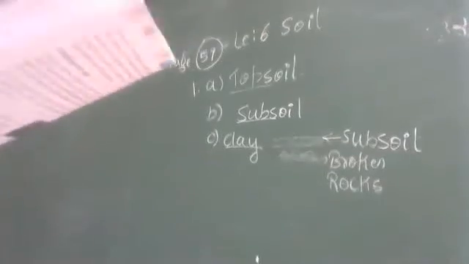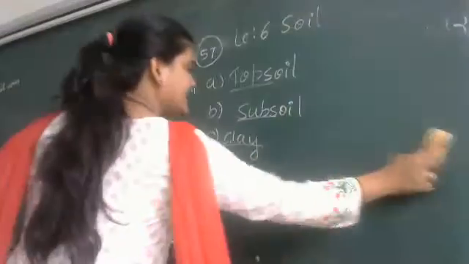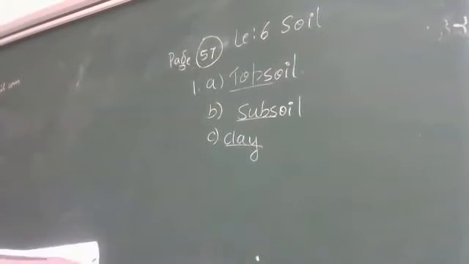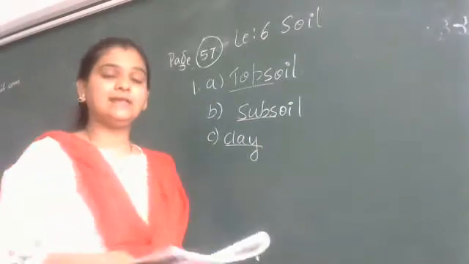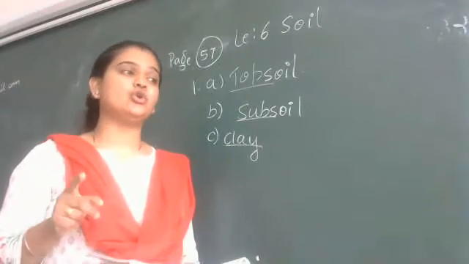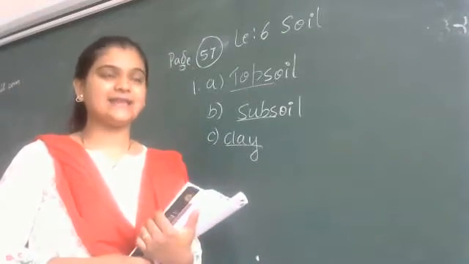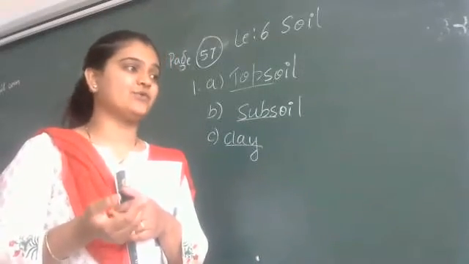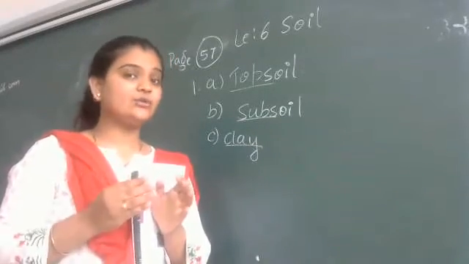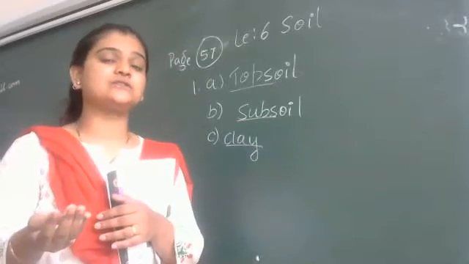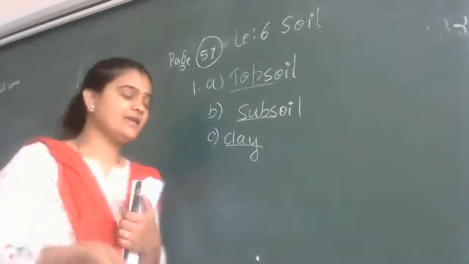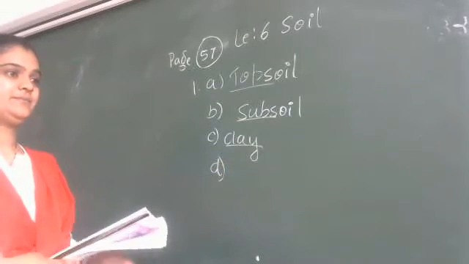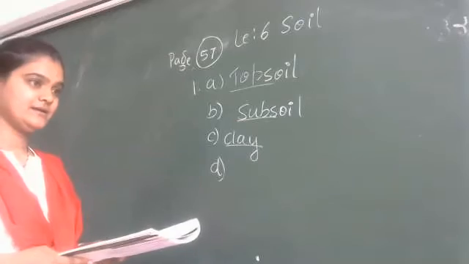Okay. Which of the following is not a cause of soil erosion? For this you should know what actually are the factors for soil erosion. Then you will understand what is not a cause of soil erosion. Okay? Deforestation are causes of erosion and afforestation is not a cause of soil erosion.